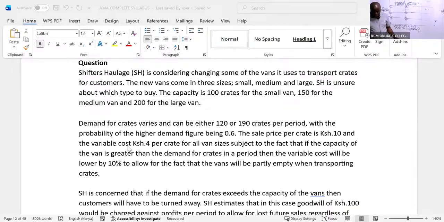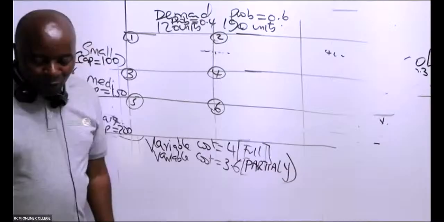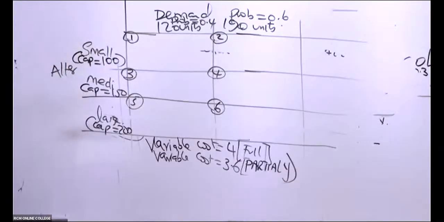For all van sizes, subject to the fact that if the capacity of the van is greater than the demand, if the van is bigger than what it's carrying, if the van is greater than the demand for crates in a period, then the variable cost will be lower by what here, somebody? 10%. That means it will be at 90%, to allow for the fact that the vans will be partially empty when transporting what here, somebody? Crates. Once I have that, ladies and gentlemen, then I'm at home.